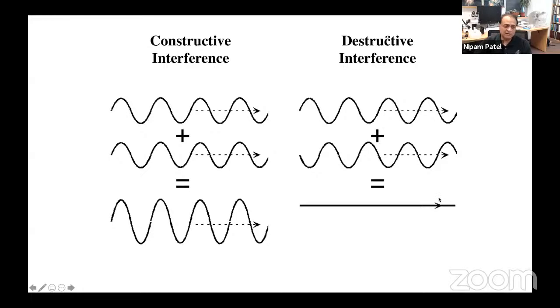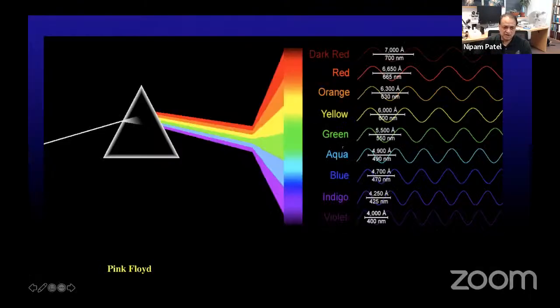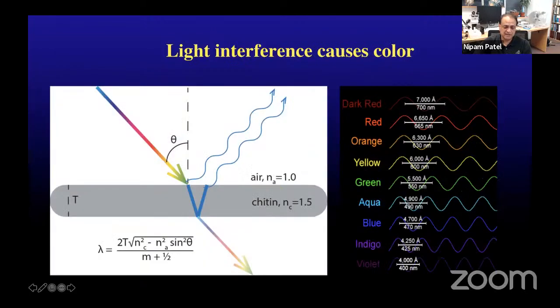Again, remember that white light is really composed of the whole rainbow of colors, and that all of these colors of light have different wavelengths. So what that means is that when white light hits a surface like this, the wavelengths that undergo destructive or constructive interference vary depending on their wavelength.